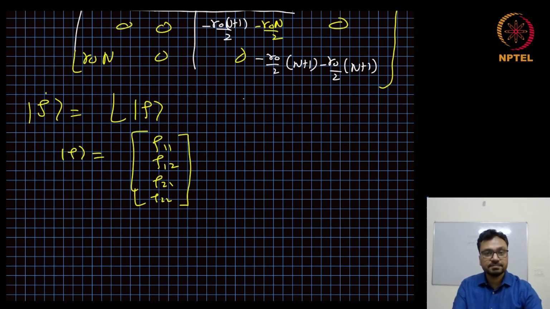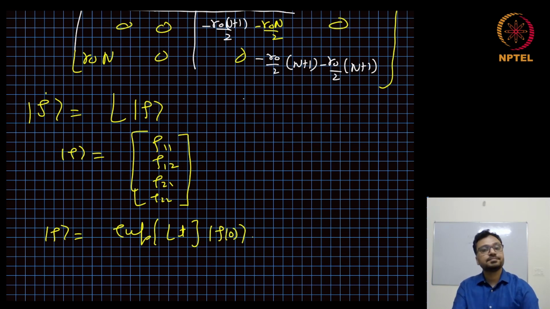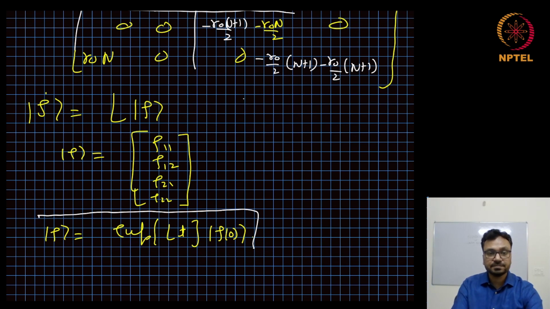This particular L is a time independent matrix, so our solution becomes exponential of L t times rho of 0. So this is how we can solve this master equation of a two-level system interacting with the thermal bath.